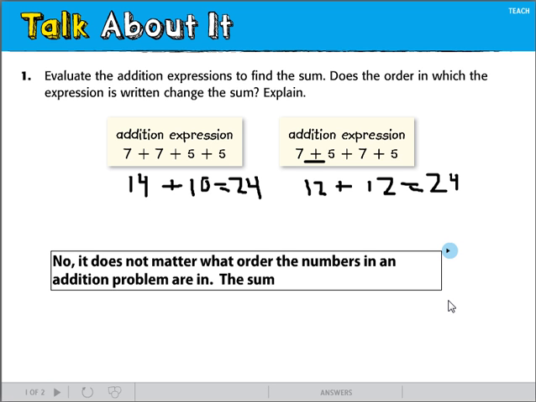The sum will stay the same. There you go. So no, it does not matter what order the numbers in an addition problem are in. The sum will stay the same.